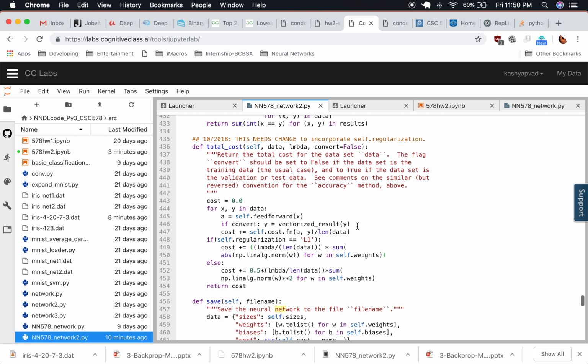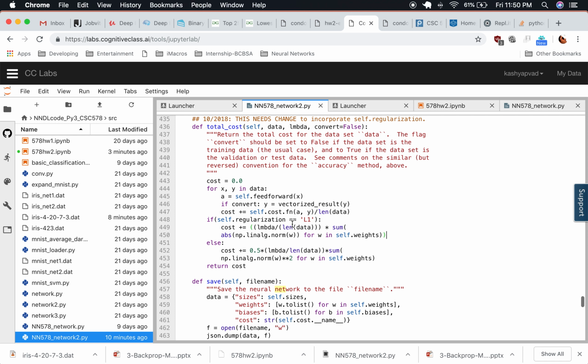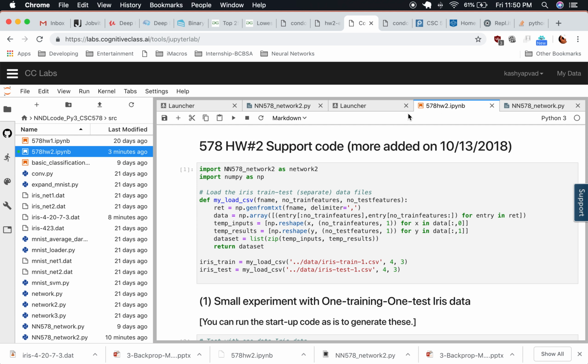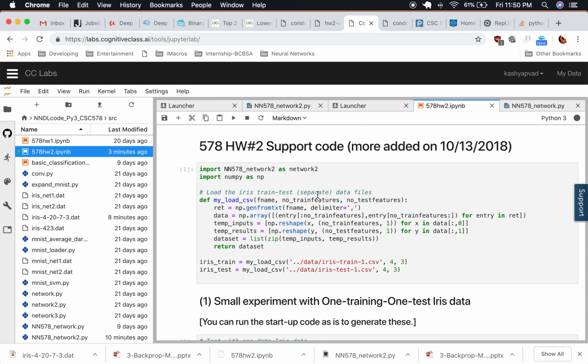And then I edited the total cost function so that it takes regularization into consideration. So using the sum of the square of the weights for L2, the absolute value of the weights for L1. And this is the application code.